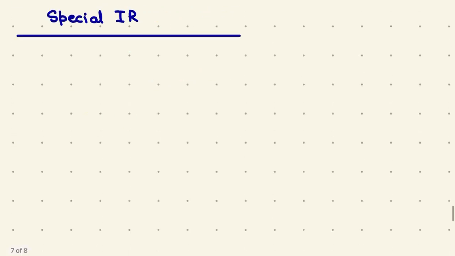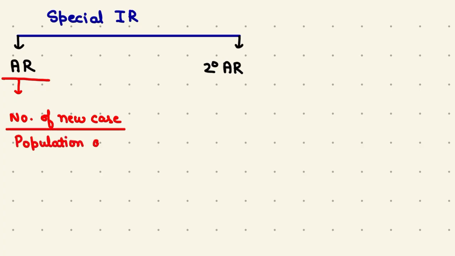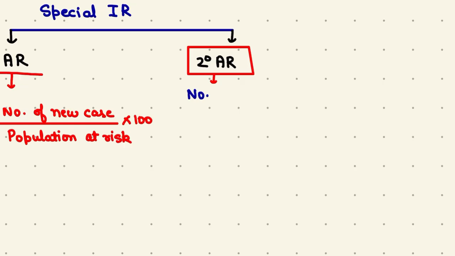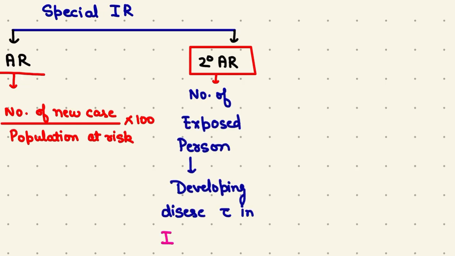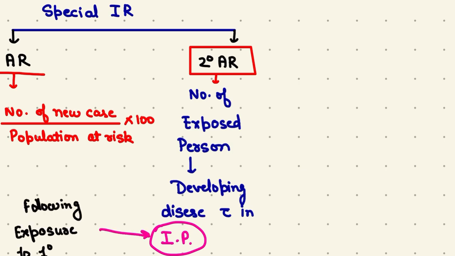Special incidence rates are attack rate and secondary attack rate. Attack rate is the number of new cases per 100 population at risk. Secondary attack rate is the number of exposed persons developing disease within the incubation period following the exposure by the primary case.